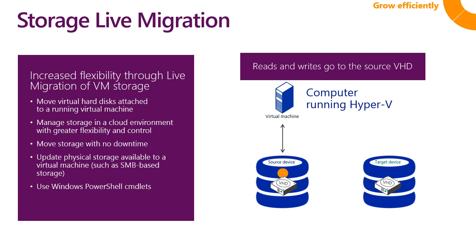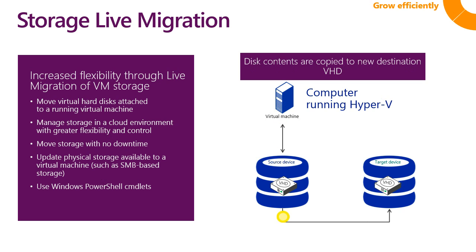Now for storage migration, this is a little bit different. What we can do here is migrate storage from one network location or a local location to a remote location, or vice versa. So if we build out a virtual machine and accidentally save it in one location, and then go, oh, actually we wanted to store it in the storage array, it's very easy to do while the VM is running.